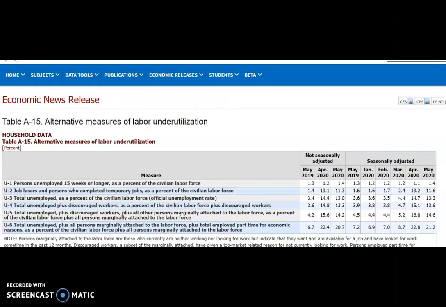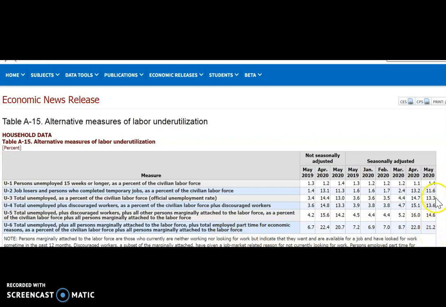Due to the way the Bureau of Labor Statistics calculates the unemployment rate, they have been criticized for underestimating it. So because of that, they actually calculate all 6 unemployment rates. And for some of the marginal unemployed, that rate happens to be 21.2%.